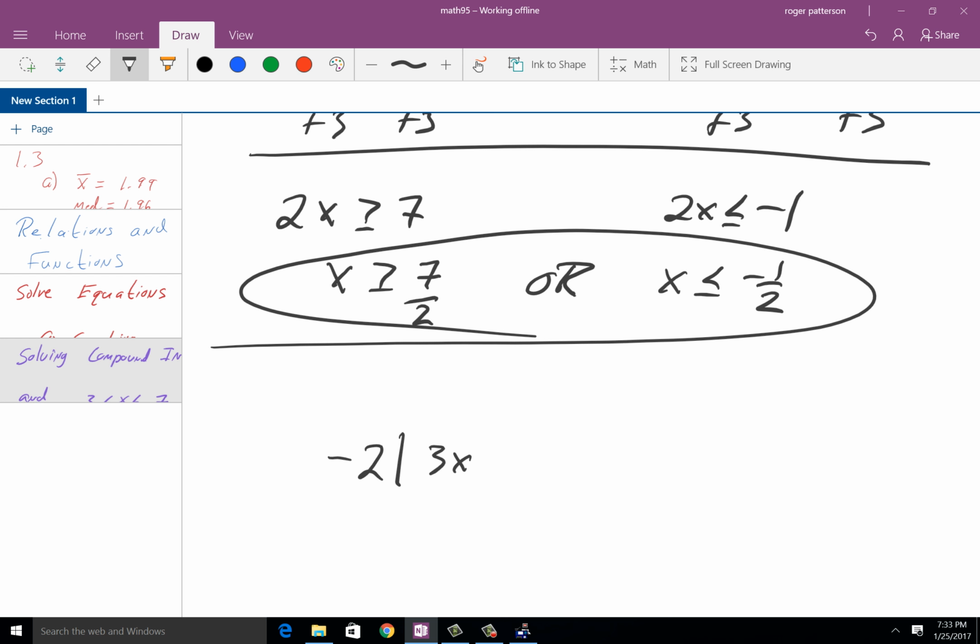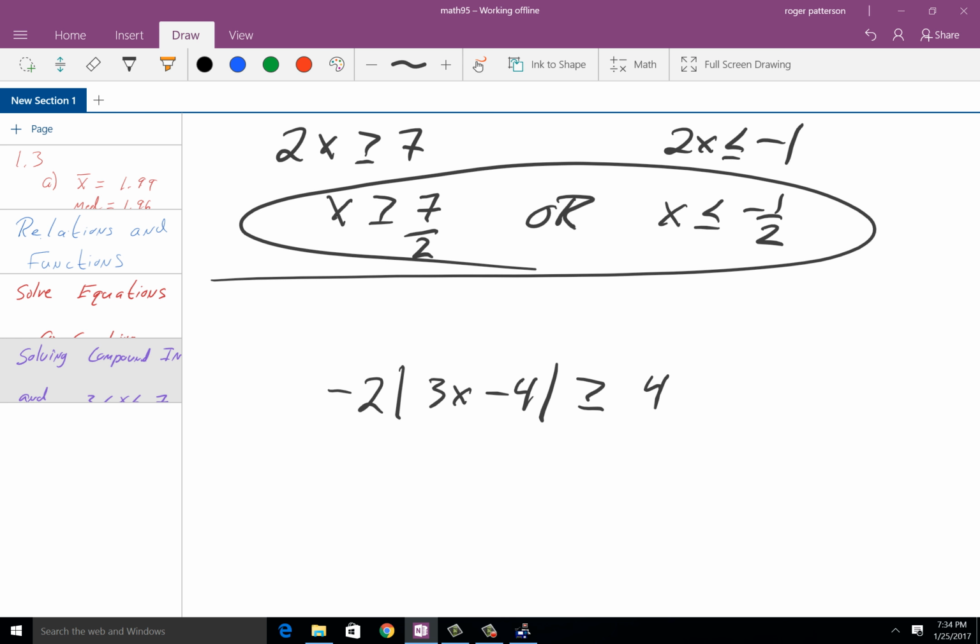So is this an and or an or problem? Okay. Alright. Plus 4, plus 4, plus 4, plus 4. So I got a 2 here. I got a 6 here. Oh, that one worked out. Divide everything by 3.